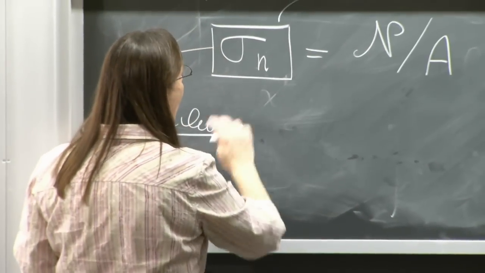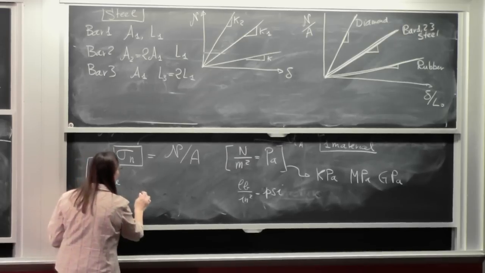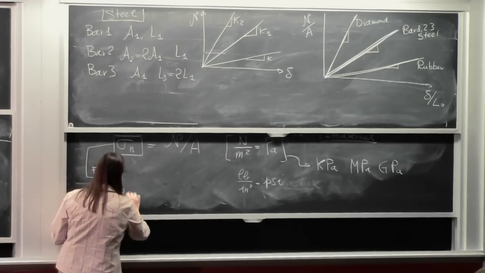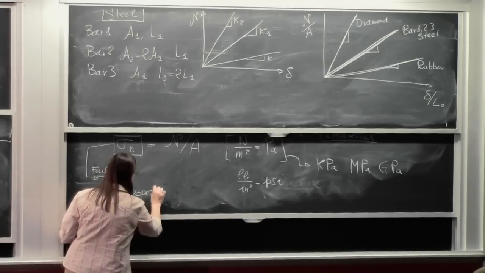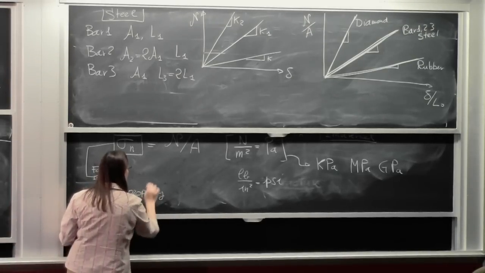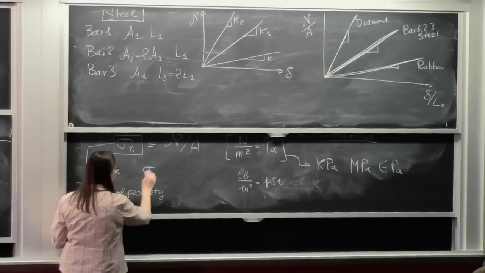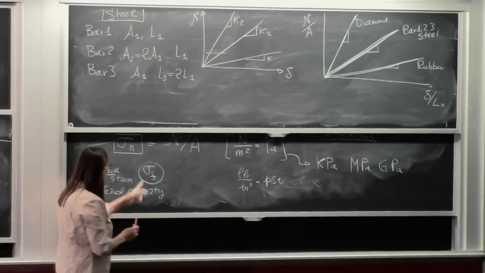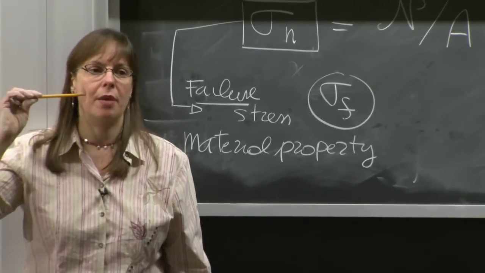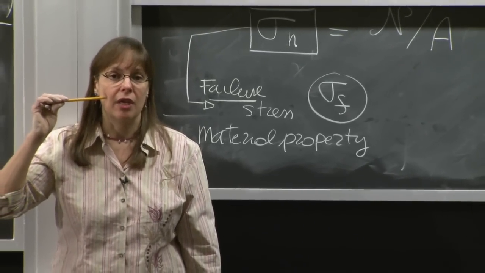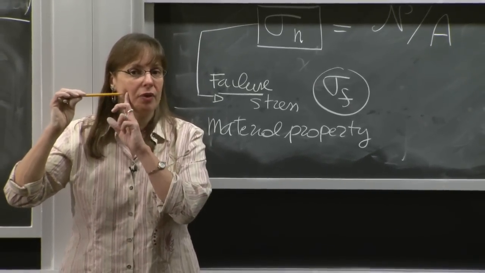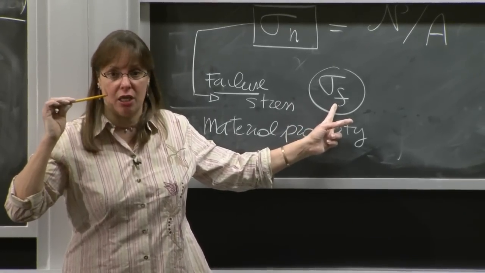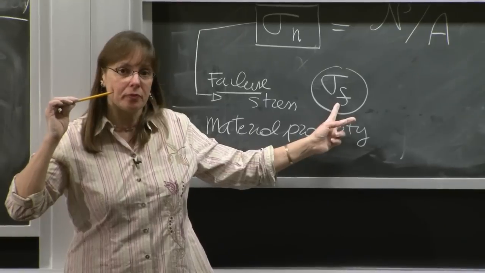So if you have a stress inside the structure, typically you may have a material property which is sigma f, the failure stress. And that means if I push with the pencil hard enough, so that the force divided by the tip of the pencil reaches sigma f, I'm going to make a hole in my cheek.